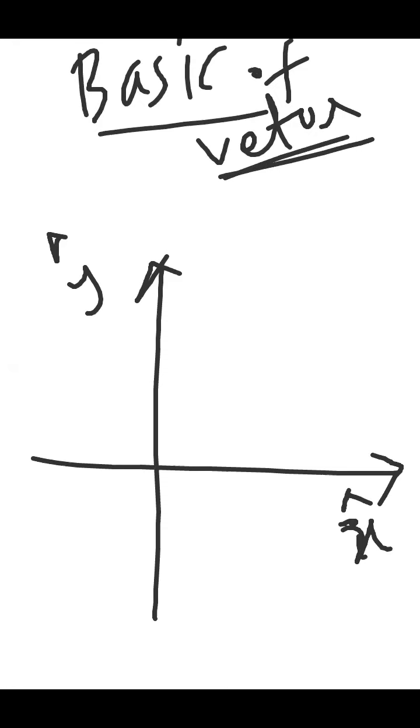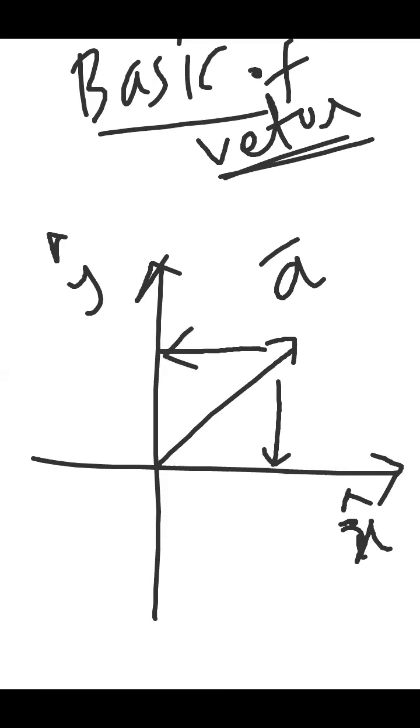Now I am having some vector here, say some vector A. What is the projection of this vector on the x plane? What is the projection of this vector on the y plane? What does that mean, sir? Projection means you are splitting it into two different components.